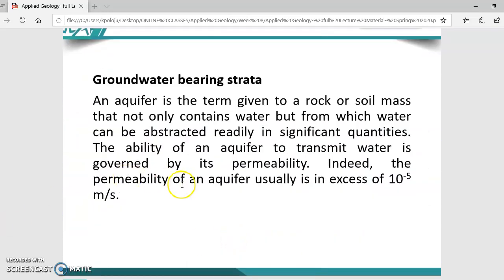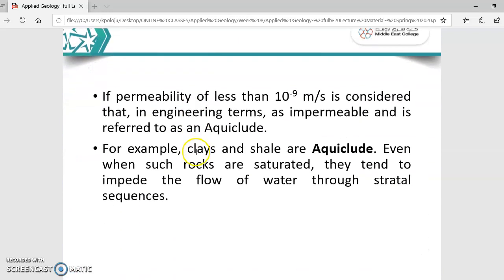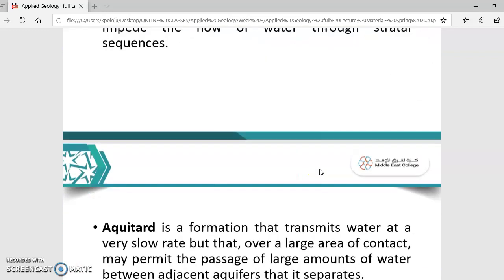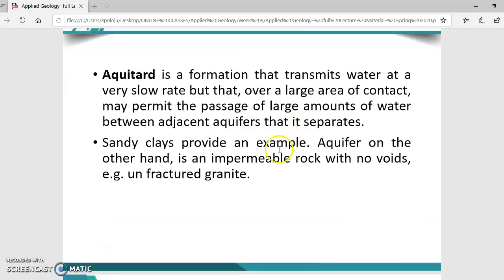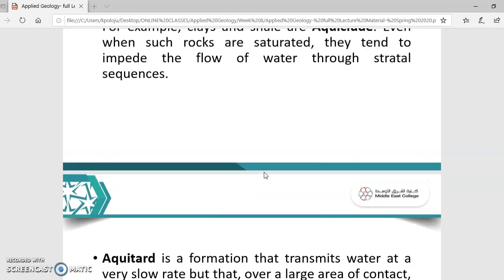And groundwater bearing strata. If you see here the terms aquiclude, aquitard, aquifer, these are some interesting terms which are very important.